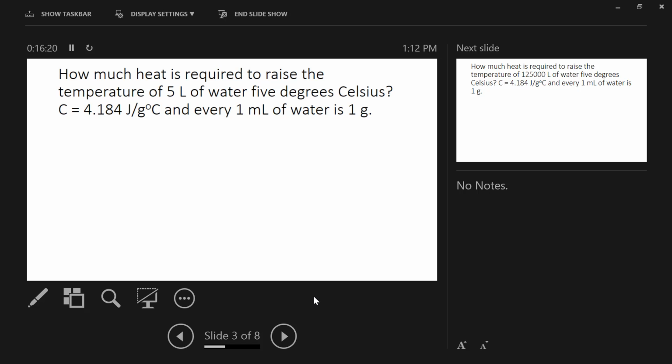We want Q, right? We want to know how much heat energy is required to do this. So our tool is already set up to solve for Q. Q is equal to our mass, which is 5,000 grams, times our specific heat, which is 4.184 joules per gram degree Celsius, times our change in temperature, which is 5 degrees Celsius.